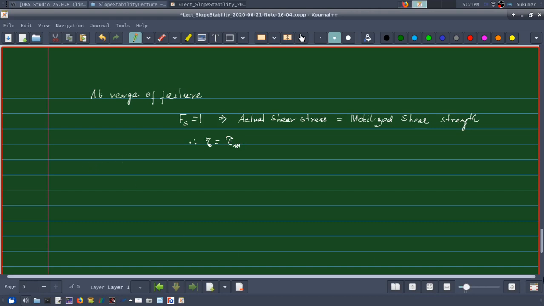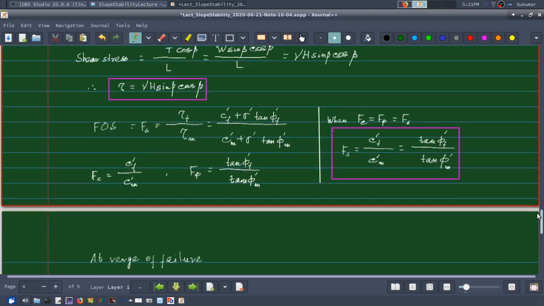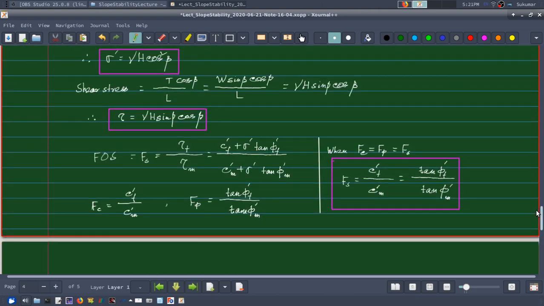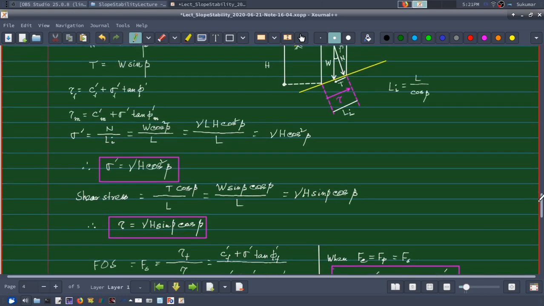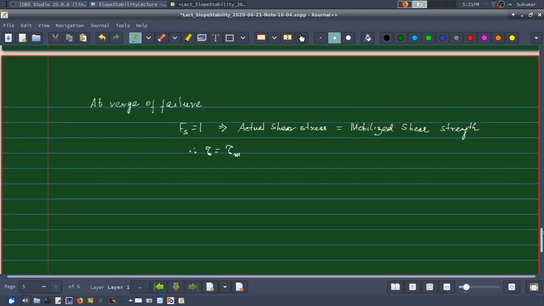Now what was the value of tau? You remember, tau was gamma h sin beta cos beta, and what is my tau dash m? Tau dash m is c dash m plus sigma dash tan phi m dash. Okay, so I'll equate them now.